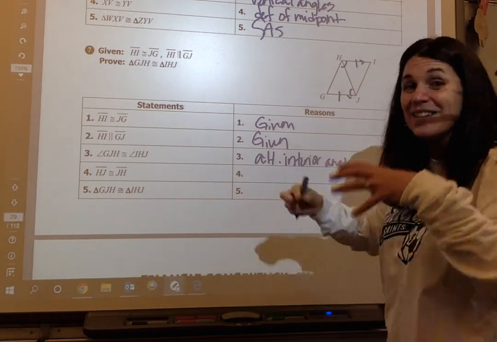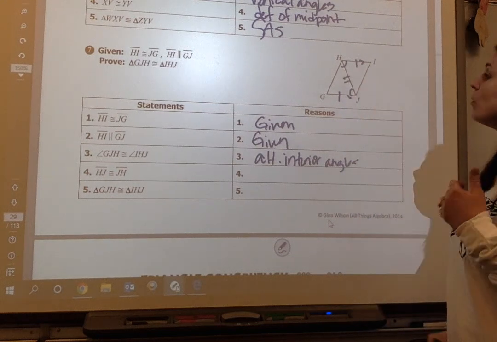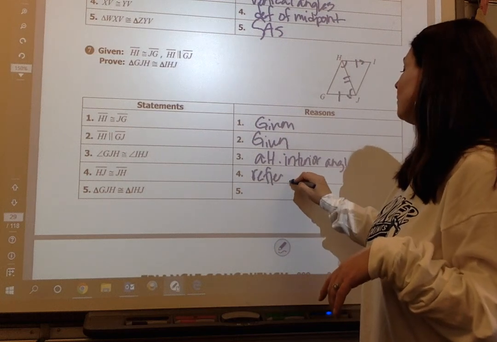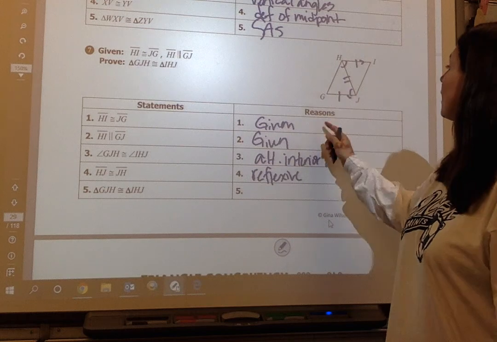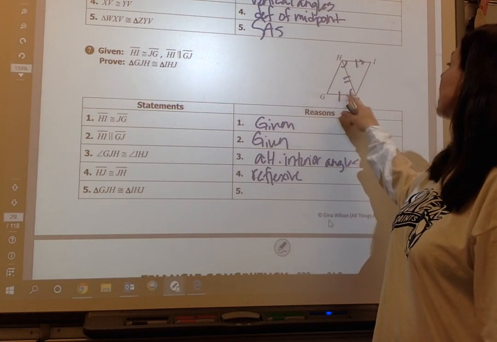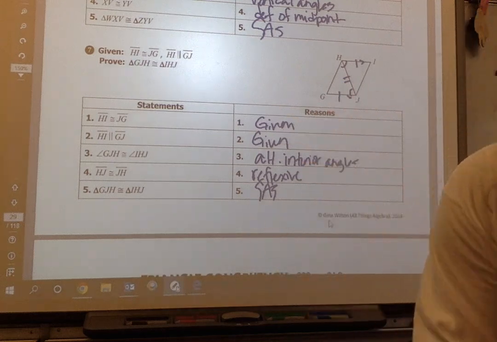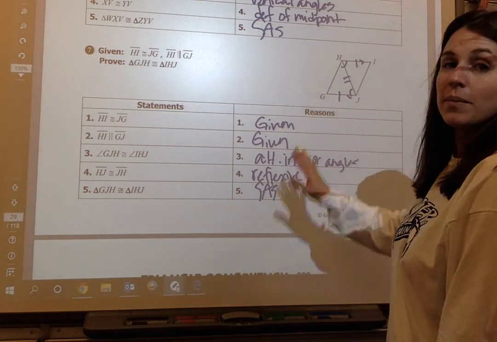Isn't that what's great about this? It all comes together. And then I can say HJ is congruent to HJ because of the reflexive property. And now I can make my Big Daddy statement because of side, angle, side. All right. So hopefully those weren't too excruciating for you. That's the first step.